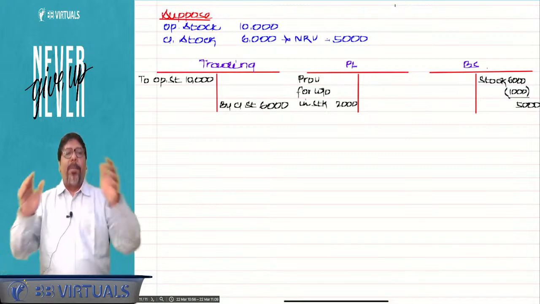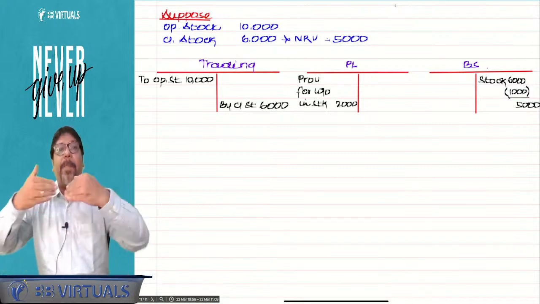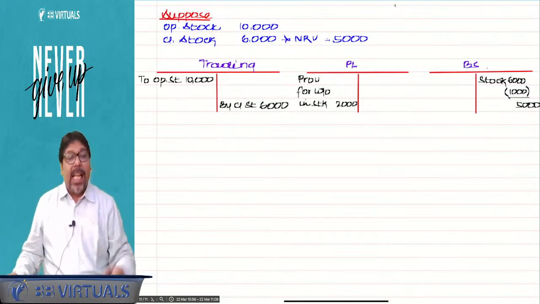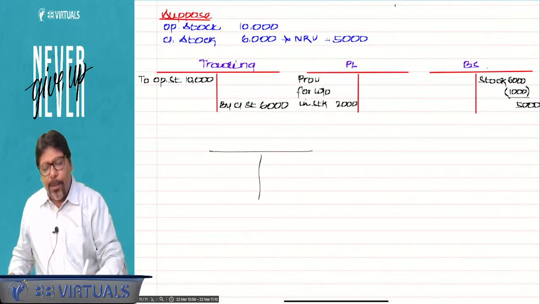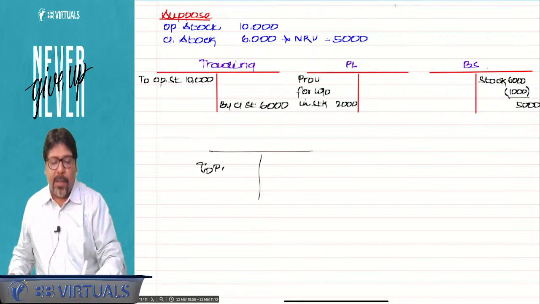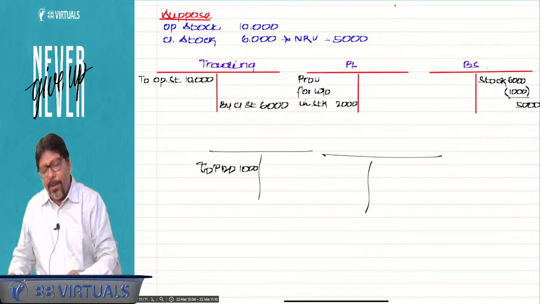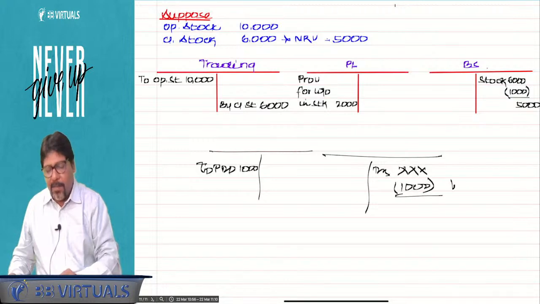Therefore, chartered, in the P&L you show the provision for doubtful debts, 1,000. In the balance sheet you show debtors less provision for doubtful debts, and the outer column shows the net amount.